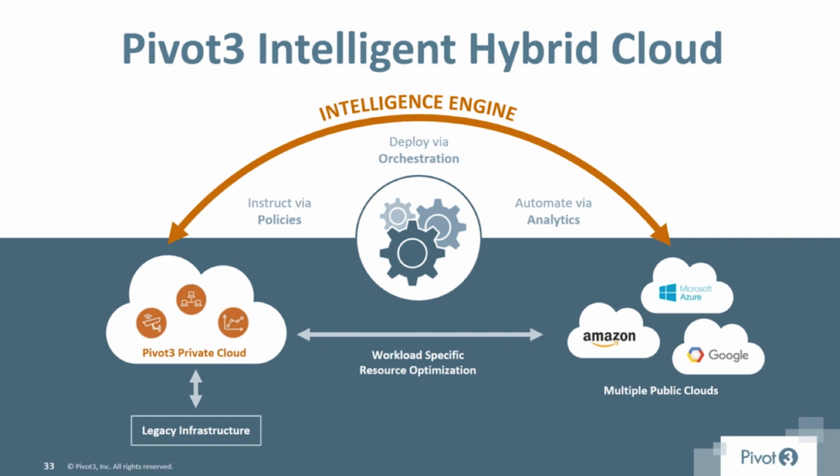So we need the private cloud tied into multiple public clouds, and then we need to be able to do analytics on each workload to understand what resources it needs, what its cost is, how expensive it is to run that. And then we need to map that to the various clouds and the various physical locations where we might run that workload. And then once we know the optimal place for it, then be able to move it.